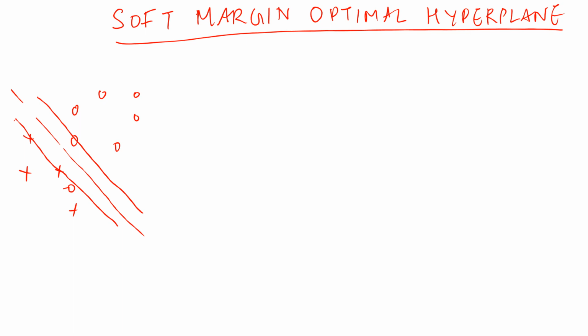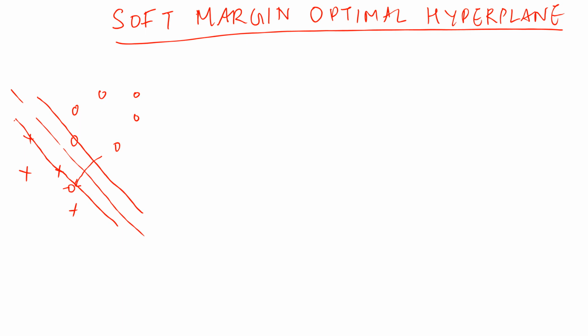Ideally speaking, this should lie somewhere here, but it has penetrated through the hyperplane margins and is lying on the other side of that, right? And what we do in the soft margin optimal hyperplane is that we allow some level of penetration through the margin, unlike the hard margin. And we call this soft margin. Why? Because when the data is non-separable, we are allowing some level of penetration.